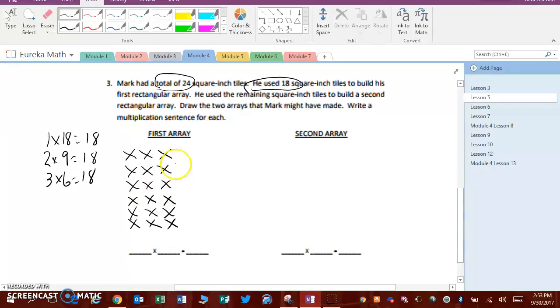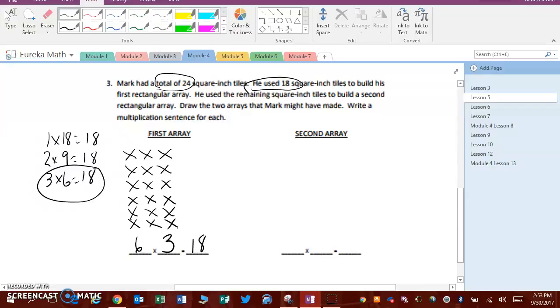So that's why this particular number sentence works for this array. These all give me 18 as my total. So I know I have a total of 18, but this array, I made 6 rows. I could turn this and make it 3 rows with 6 in each row. That would be fine too. But this is 6 rows with 3 in each row.